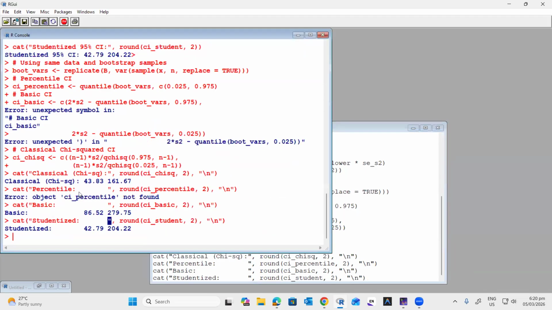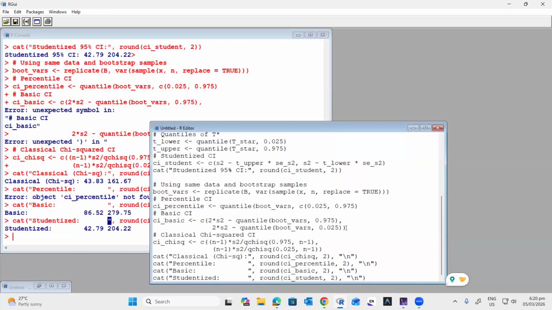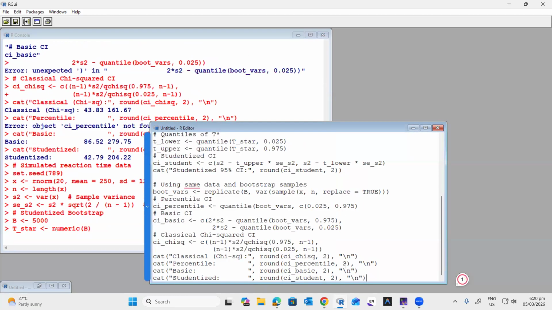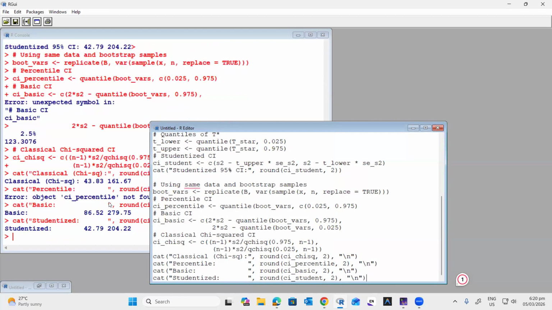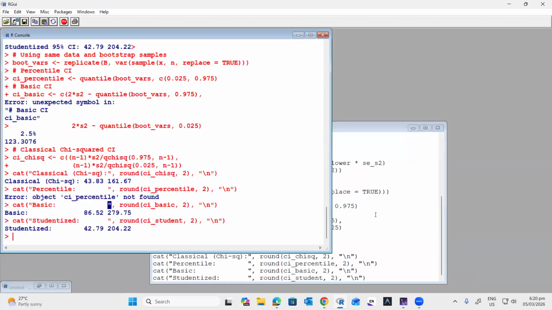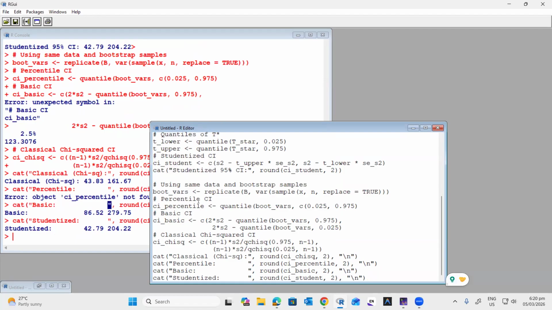Let's see what difference you will find here. What type of error is it showing? CI percentile is not found. Why is CI percentile not found?